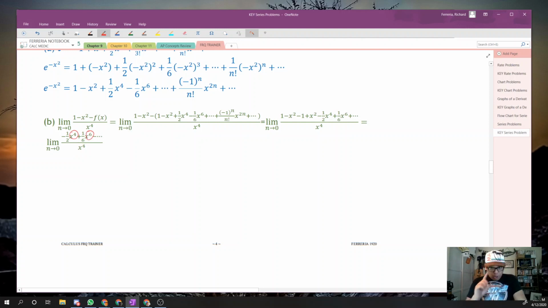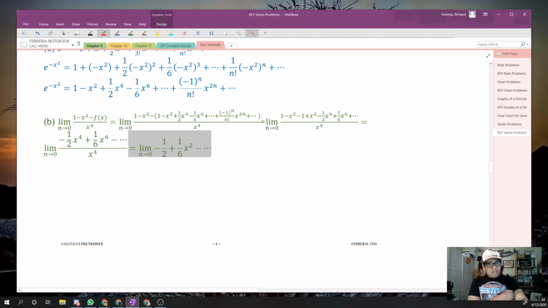And every term of that numerator, starting with that 4th degree term, is going to have at least 4 powers of x, because as we know, in a series, the power of x is only going to increase. So if you cancel out that 4th degree power, you get left with this polynomial, negative 1/2 plus 1/6 x squared, and of course every term after 1/6 x squared is going to have an x.